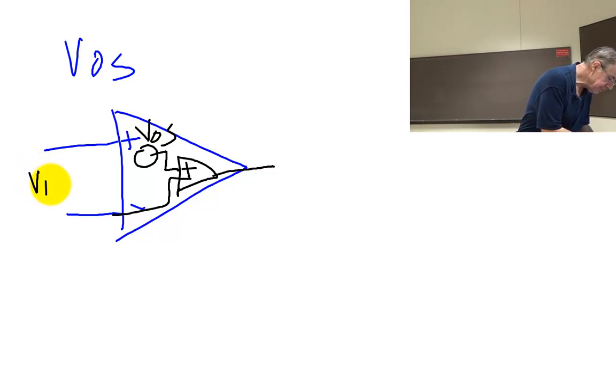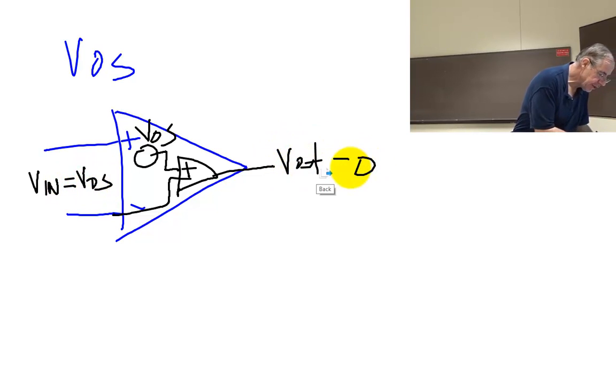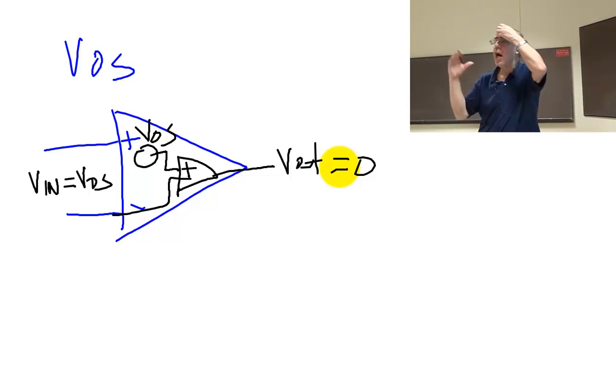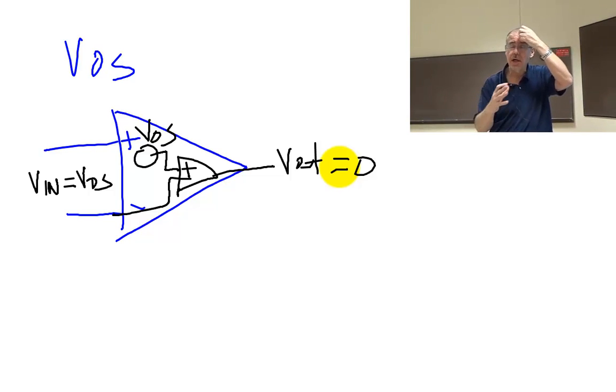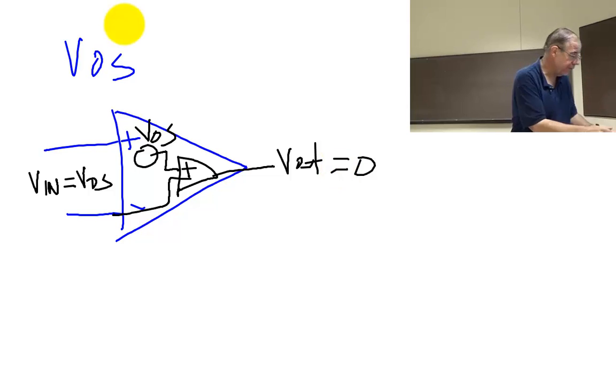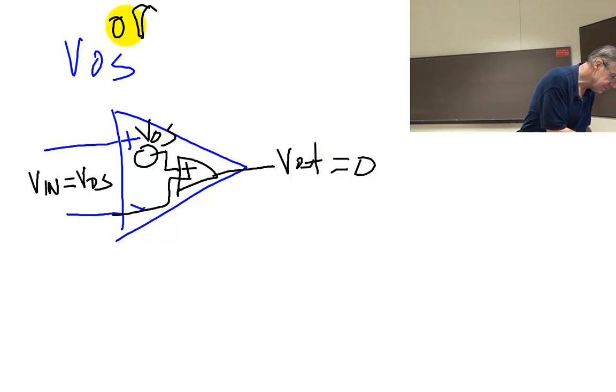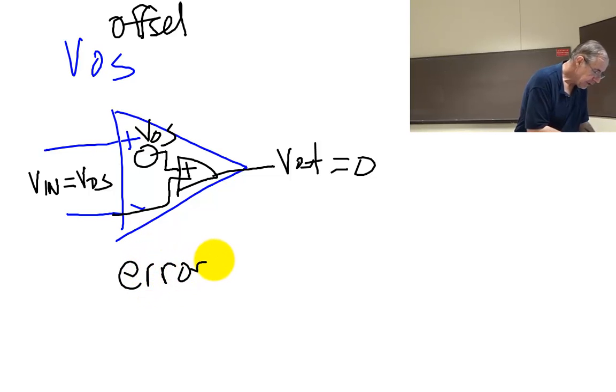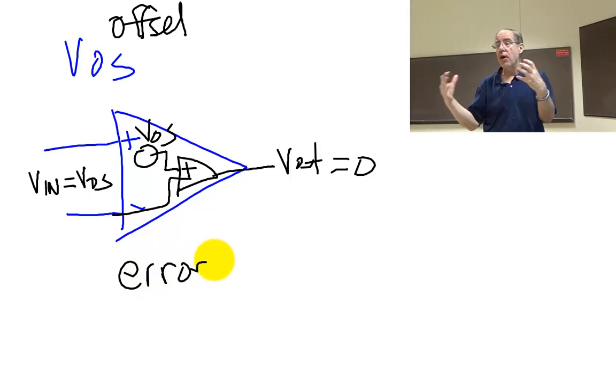So if this input here is equal to the offset voltage, then the output is going to be 0. That's the definition. And the consequence of offset voltage is the error that we're going to get due to it.